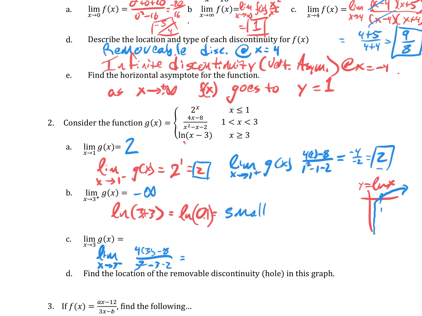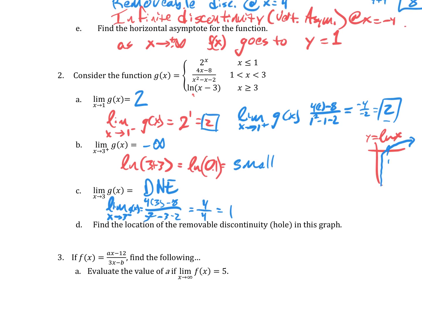So on top, I should have put g of x equals. There we go. So this is 4 on top. On bottom, that's 9 minus 3 is 6. Minus 2 is 4. So this is going to 1. All right, so it's actually defined from the left. All right, so the limit doesn't agree. One's going to infinity, one is going to 1. So the limit does not exist because they don't agree, from the left and from the right.